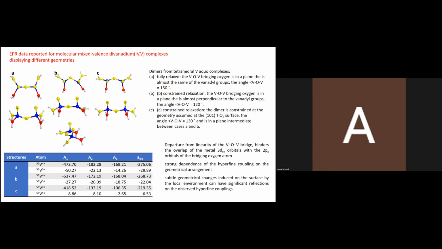This gives a hint that, of course, the surface can be more complicated than what is captured in these very basic models.